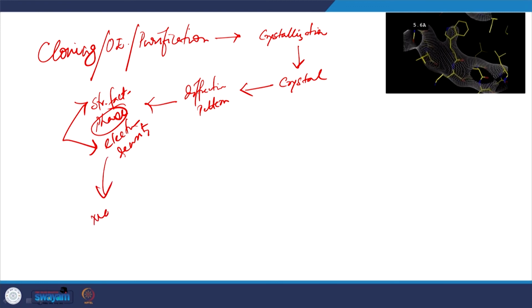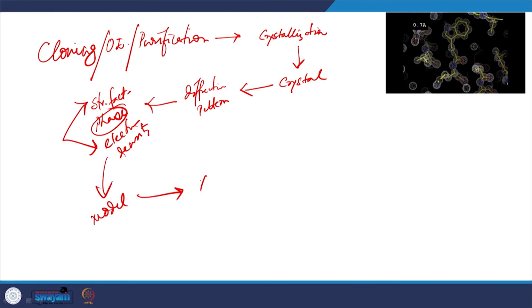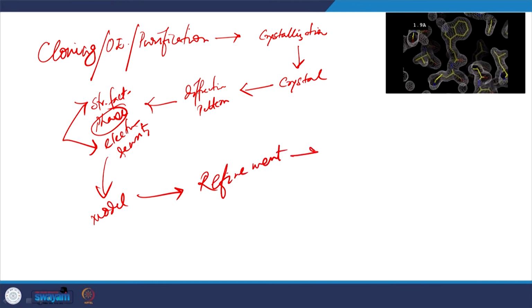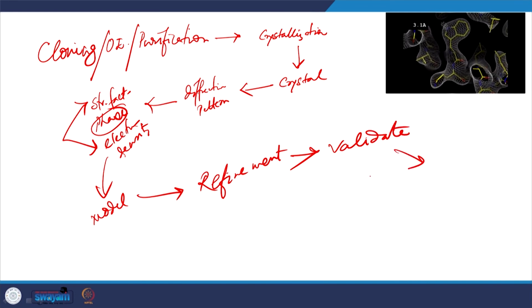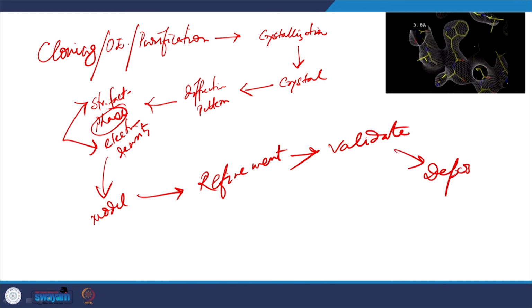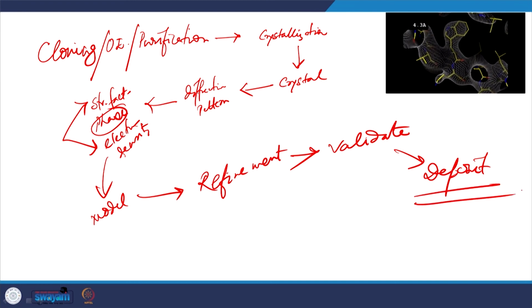From there we have the model, we have done refinement, then validate, and ultimately deposit the structure. So, that is a long journey of learning the X-ray crystallography technique. I have tried my best to develop a continuous model so that you could follow me.